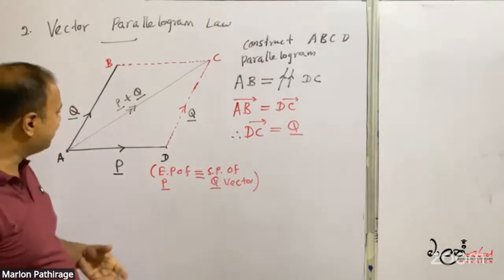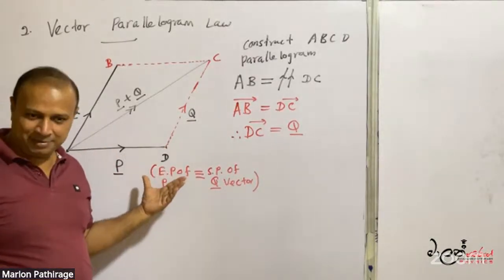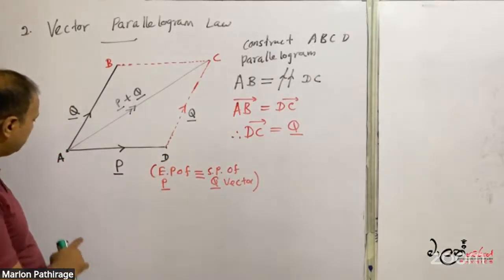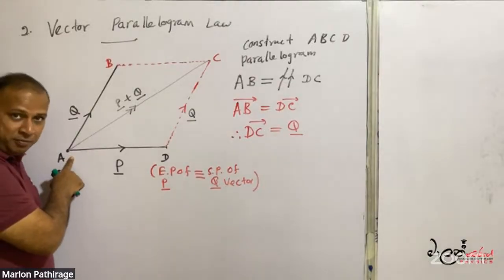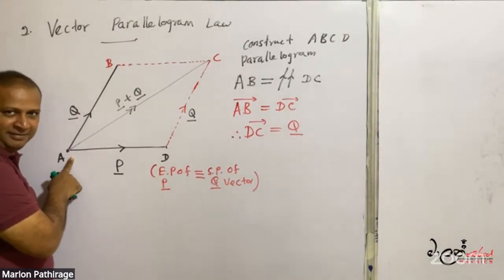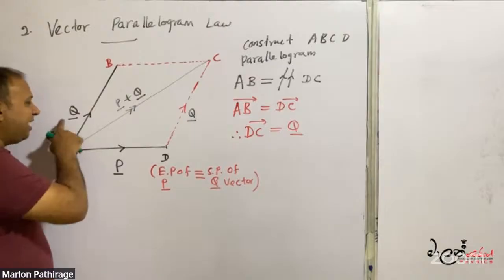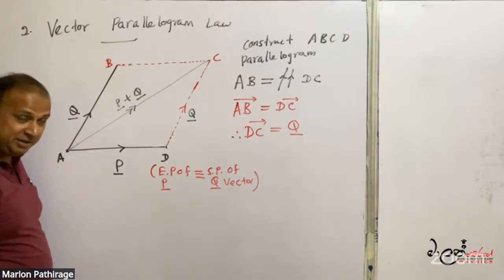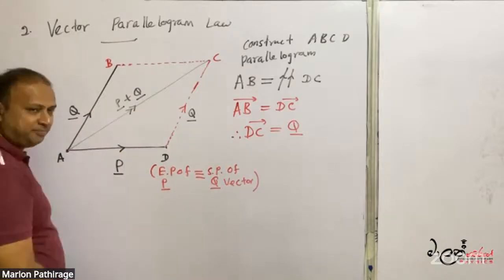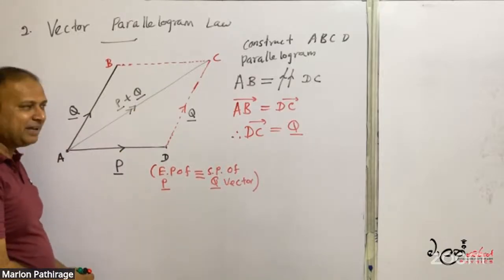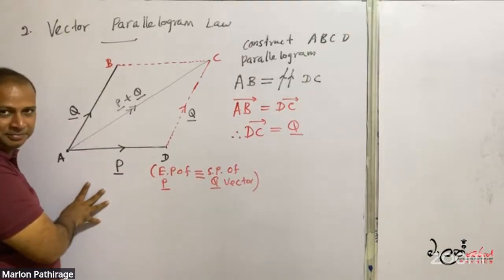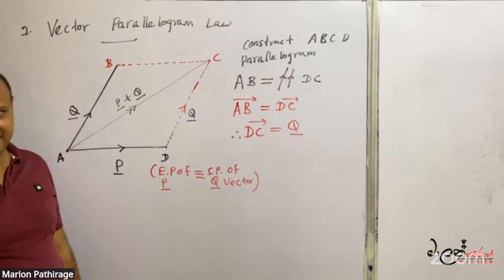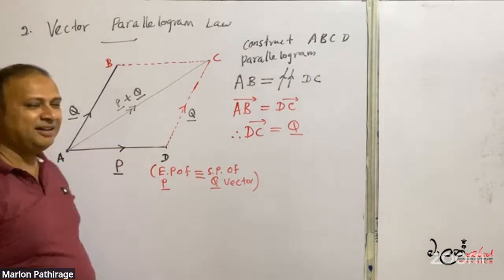So this is called the vector parallelogram theorem or vector parallelogram law. If you are given two vectors whose starting points are the same, then the addition of those two vectors is represented by the diagonal of the parallelogram which is constructed like this.